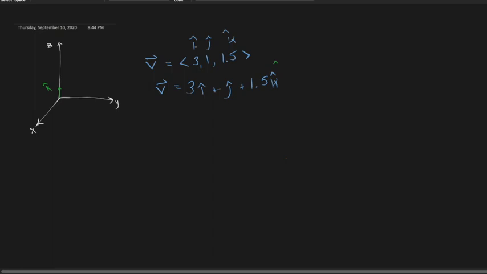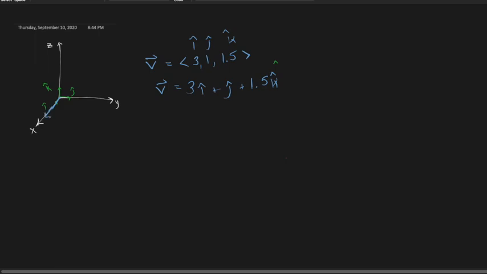So let's try to write this on our axes. The y component is in this way, so this is going to be j hat, and this is going to be i hat. We're going to do 3 in the x direction: 1 times this, 2 times this, and then 3 times this.